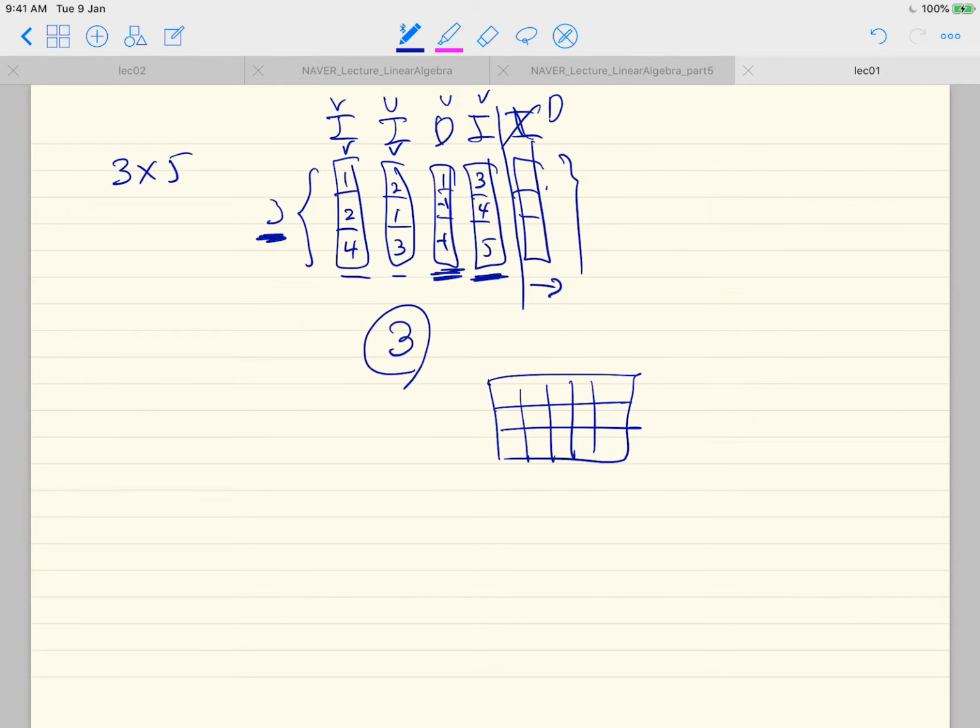So there are 3 different row operations, right? So what are these 3? The easiest one would be row interchanges. Row interchanges. Okay, let's see.